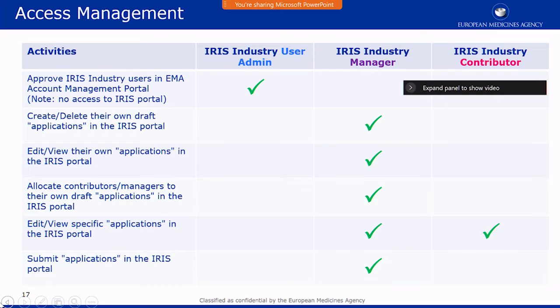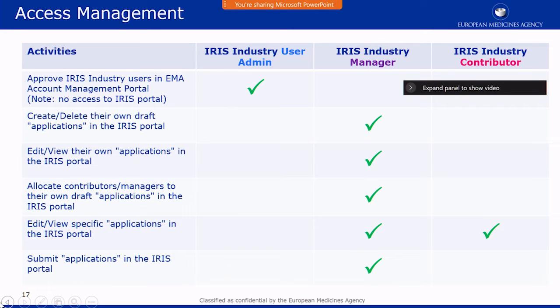Can a user admin approve another person as a user admin? This will help in case of people being out of office or leaving an organization. Exactly, yes, and this is what we advise, to have more than one user administrator. As I said before, only the first one is appointed by the EMA. All the other ones are approved by the user administrators available for that organization. So we strongly encourage to have more than one.